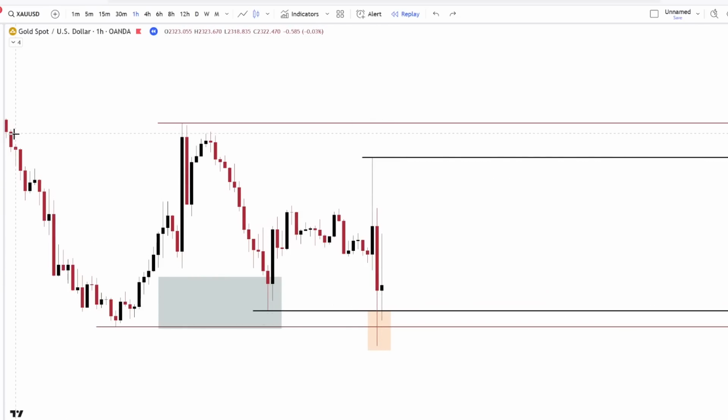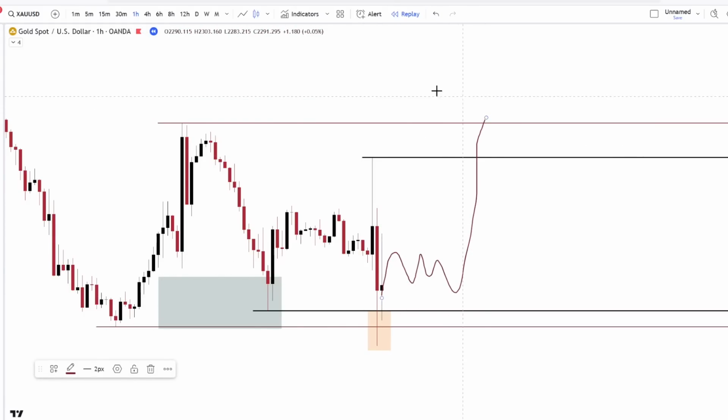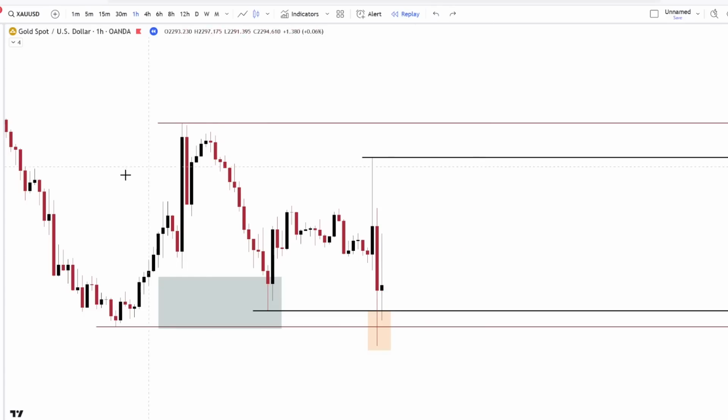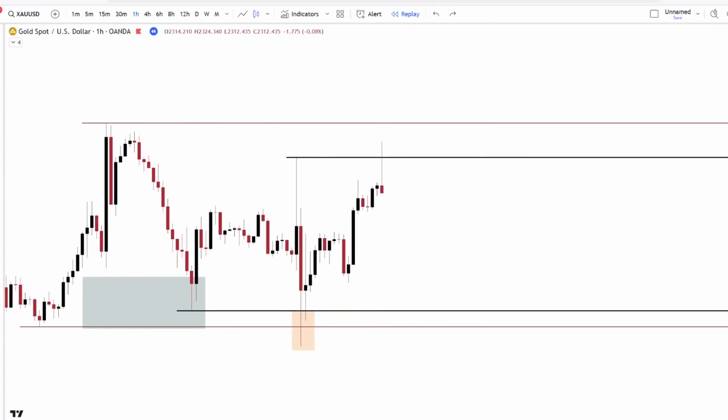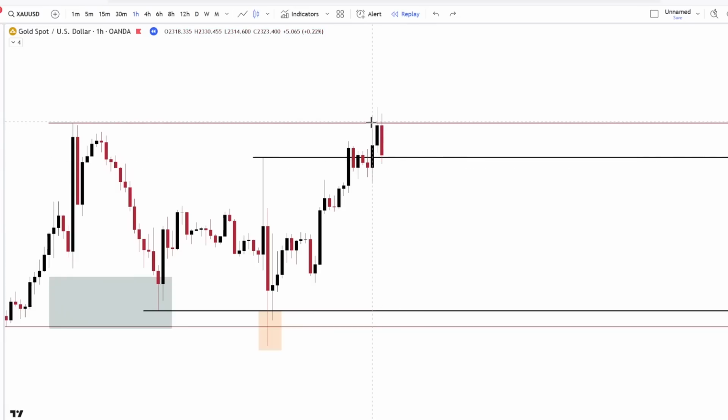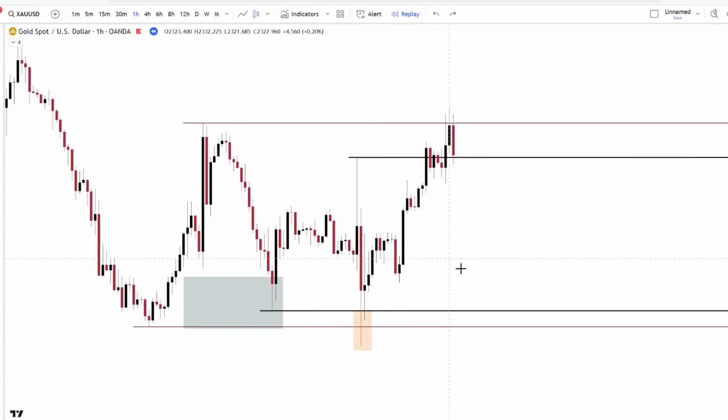So now what do you anticipate? You can now anticipate price to either expand and break structure, or price could consolidate for a little bit and then expand and break structure. And price broke structure.